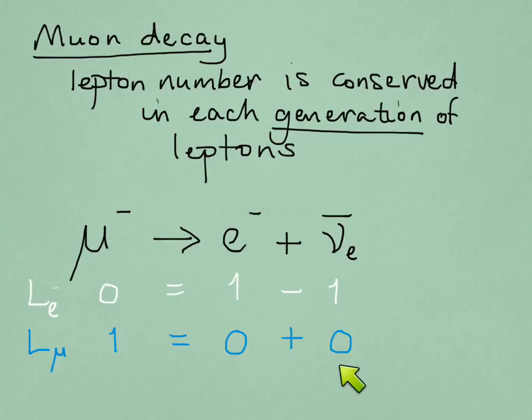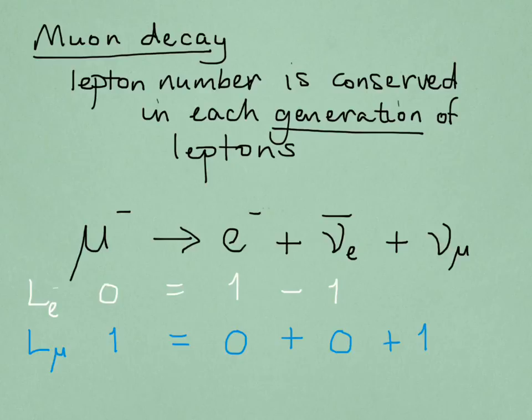So is the neutrino, so this doesn't balance yet. We need to add a +1. So this has got to be a second generation particle with a lepton number of +1. So we can do that by adding a muon neutrino. And it's got to be a normal particle, not an antiparticle, because this is a +1 and not a -1.